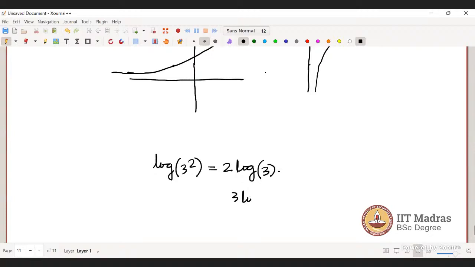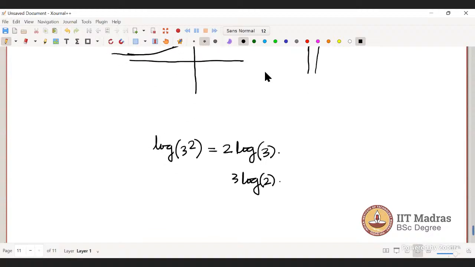How? Because in the last graded assignment, last question, they have given 2 at the power log 3 equals 3 log 2. There is a formula.